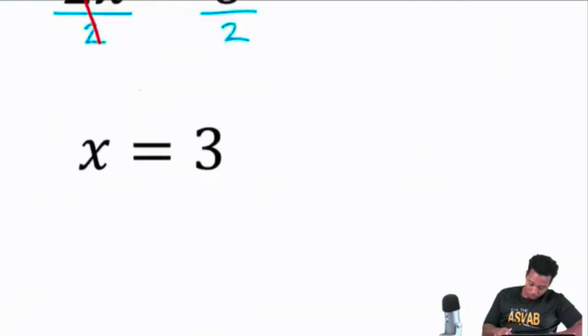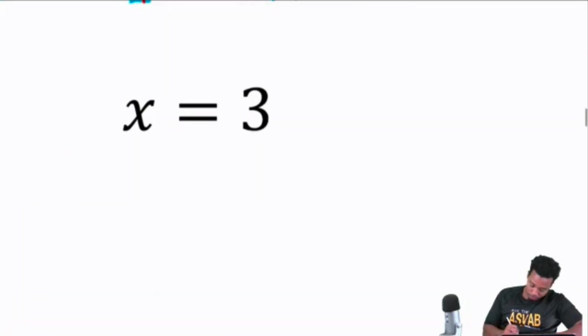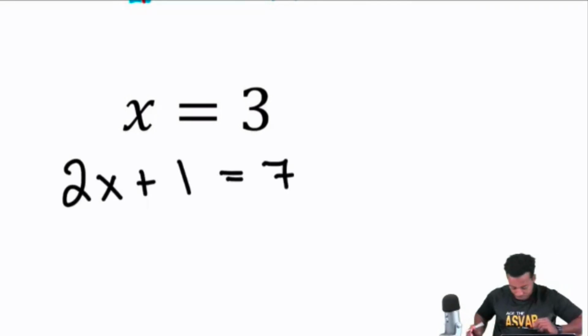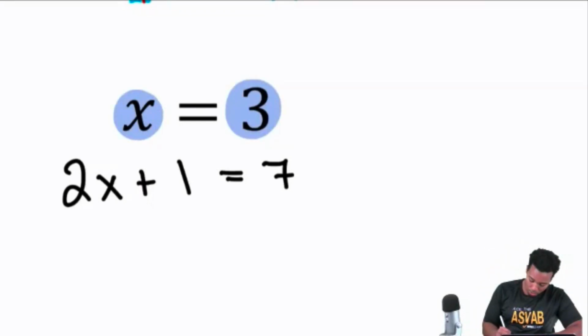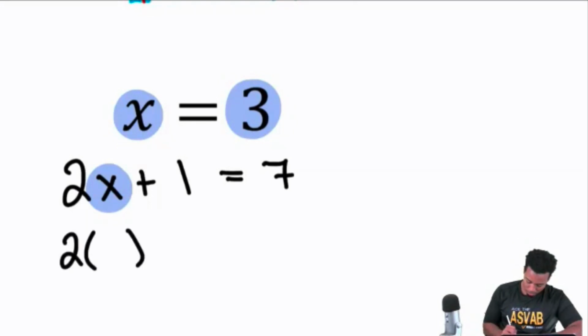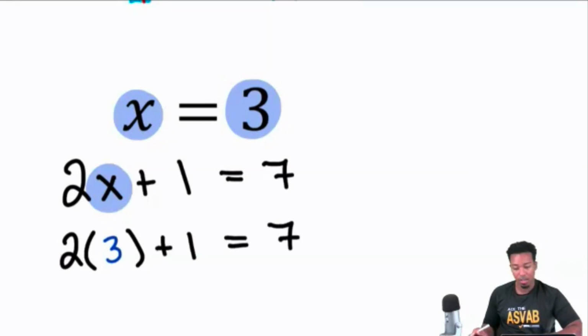Cool. So the answer was x equals 3. We had 2x plus 1 equals 7. So everyone, because x is 3, I'm going to replace that x with 3. So we're going to have 2 multiplied by 3 plus 1 equals 7.